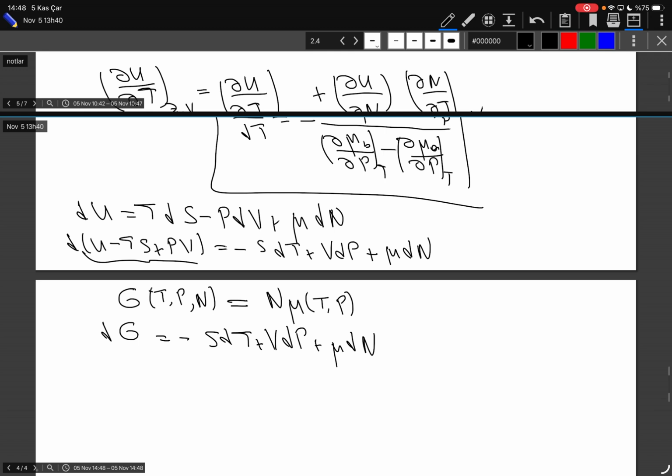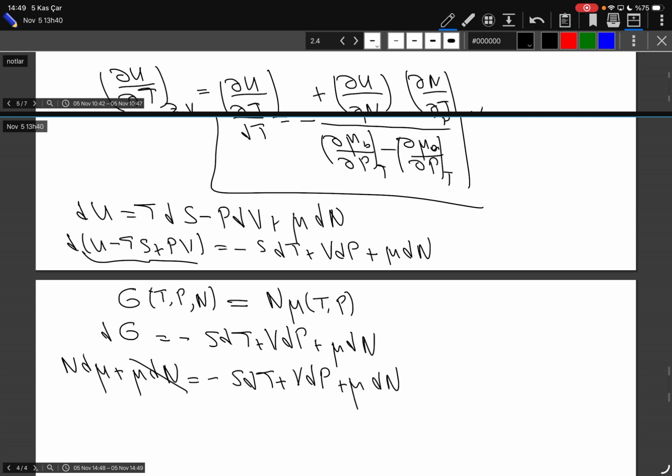Because if you take the derivative of G with respect to N, keeping T and P constant, you get mu. This is the trick that we used a couple of times before, so I'm not going into the details. So G is just N times mu. So the differential of G is N d mu plus mu dN. This is minus S dT plus V dP plus mu dN.